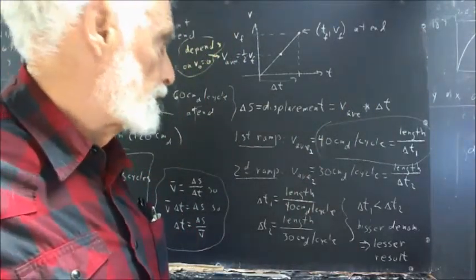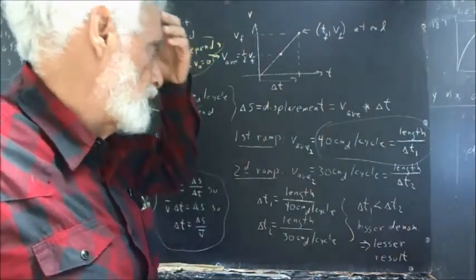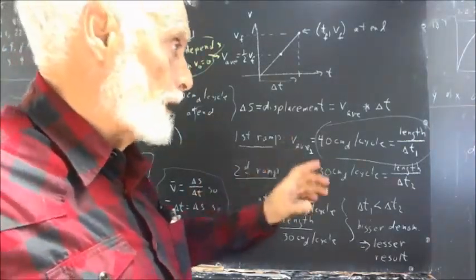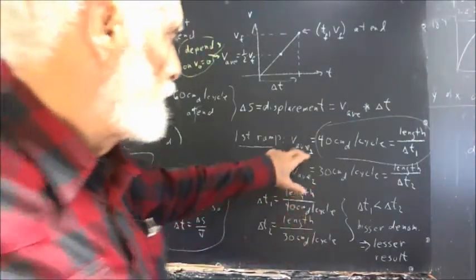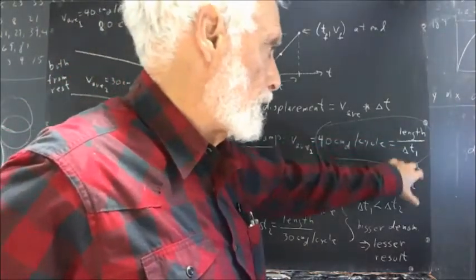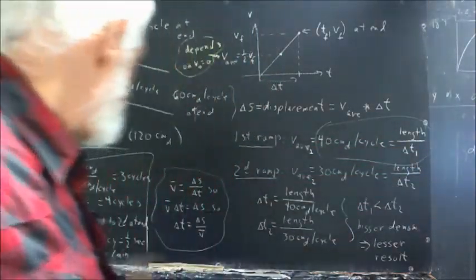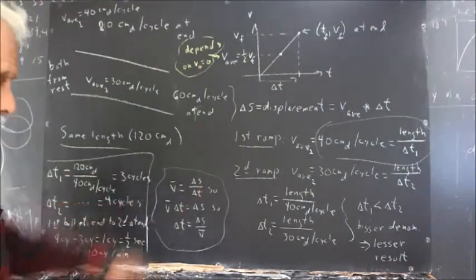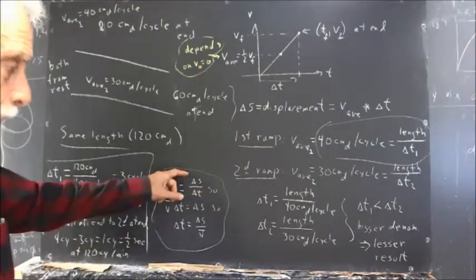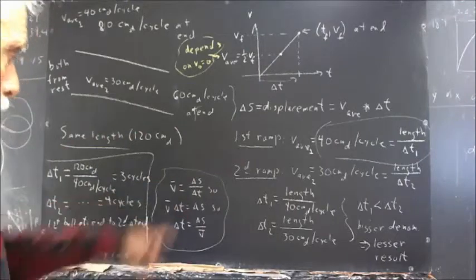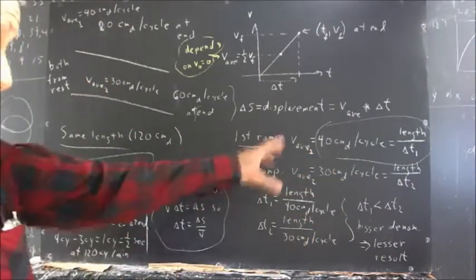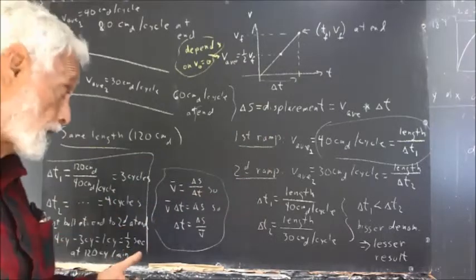So if we solve for delta t1 here, let me back up a second. This is something some people had some trouble with on the quiz, so make sure you go back and review this. If average velocity is length over delta t, we could write that this way. Average velocity is delta S over delta t, where delta S would be the length, and delta t would be delta t1 or delta t2, depending on which of the ramps we're talking about.